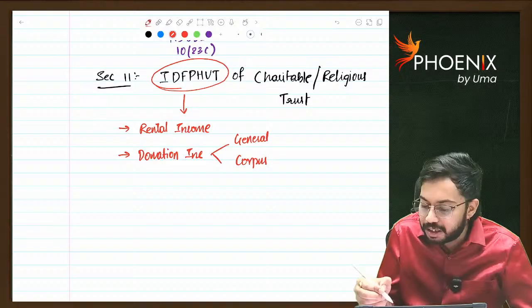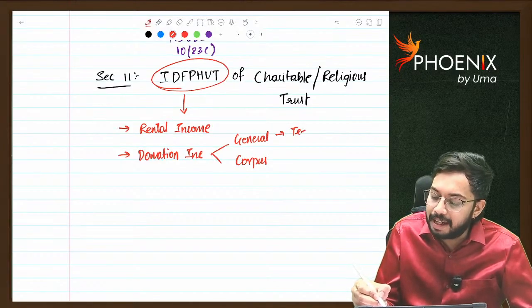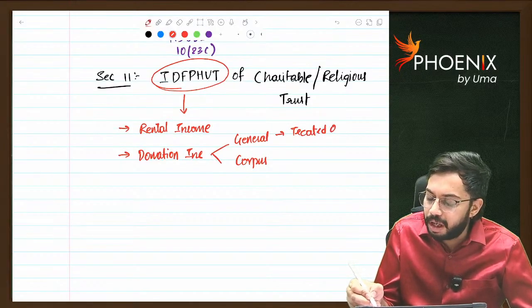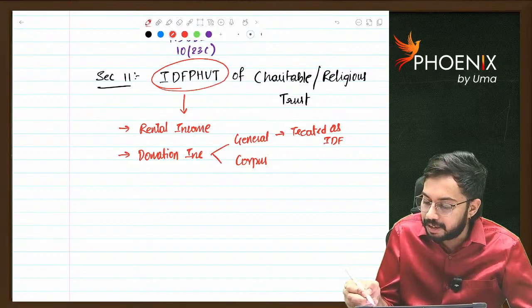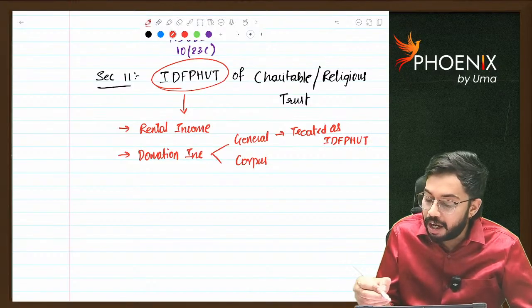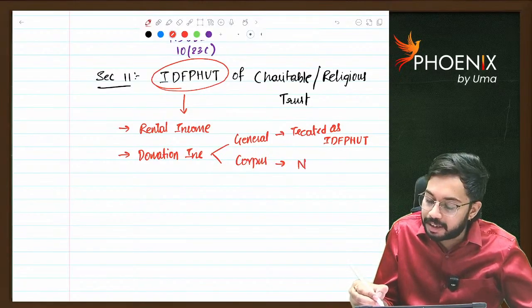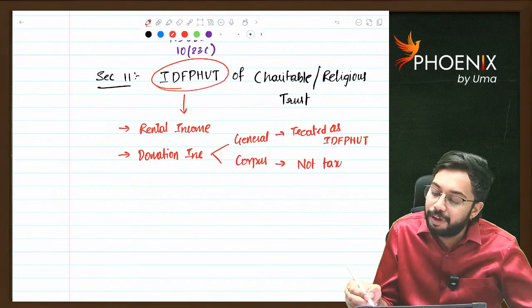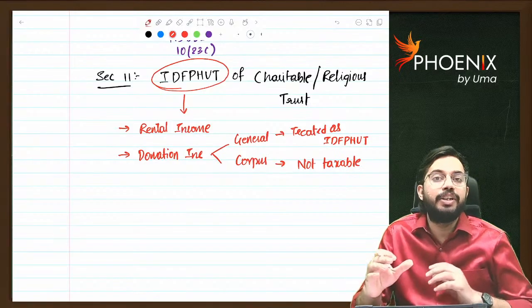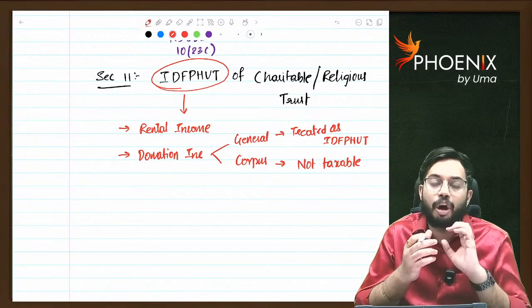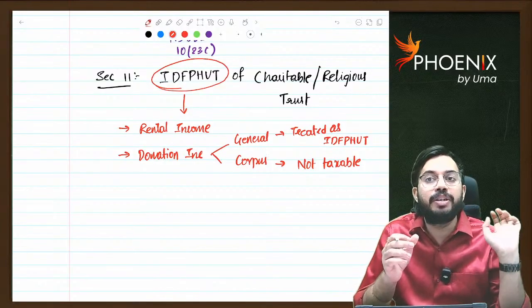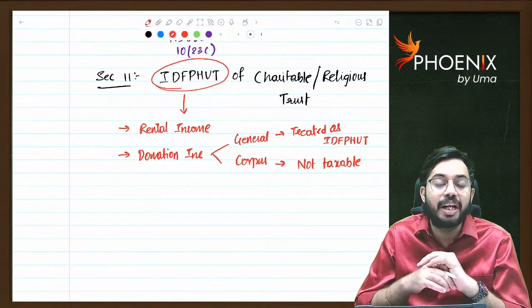General donations are treated as income derived from property held under trust. And whatever the corpus donation is, it is not at all taxable. Corpus donation is fully exempt, subject to the condition that whatever amount is received for the corpus fund is to be deposited in safe modes as per section 11(5).